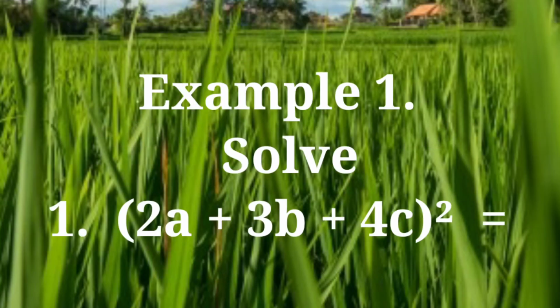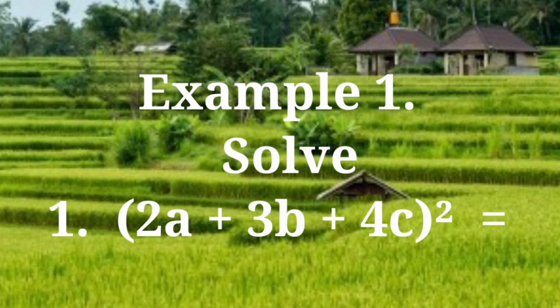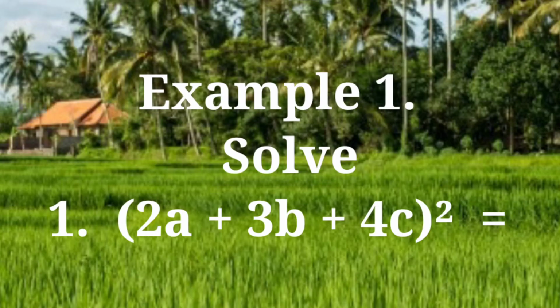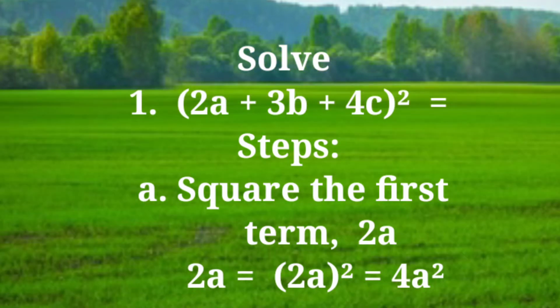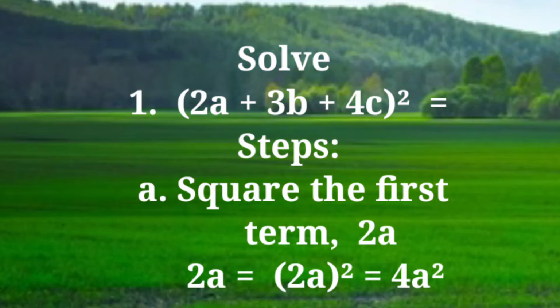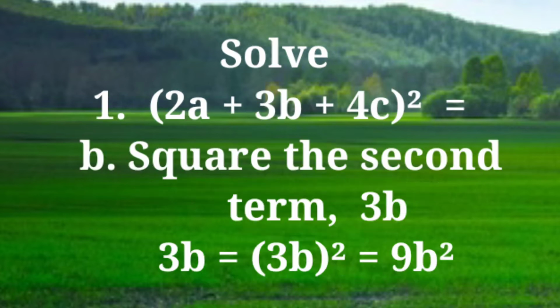Example number 1. Solve (2a + 3b + 4c) squared. Step A. Square the first term, 2a: (2a) squared equals 4a squared.